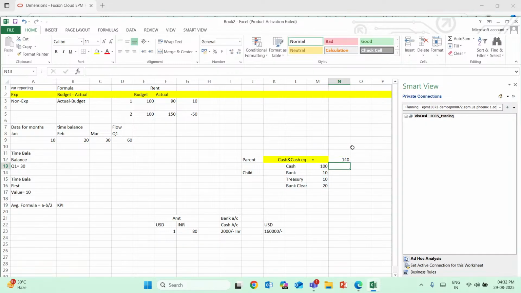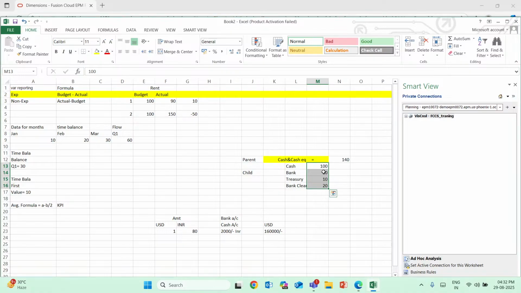The rolled up data is always going to be only on the parent, and this holding data is going to have the property of store only. So what is the store property?